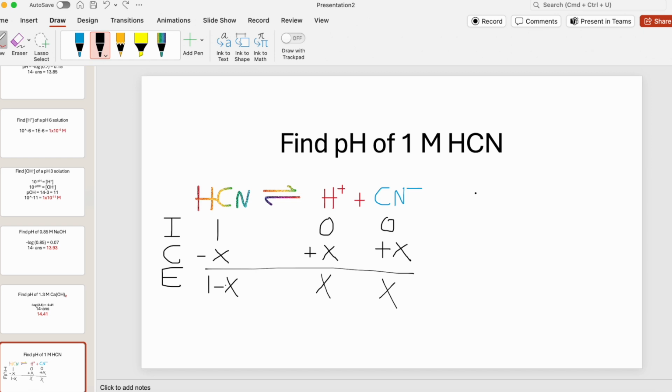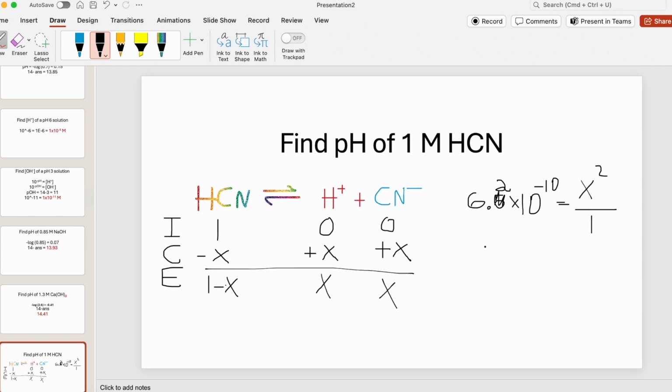Our Ka value for HCN is 6.6 times 10 to the negative 10th. We're going to set that equal to x squared over 1. My bad. This is 6.2 times 10 to the negative 10th.